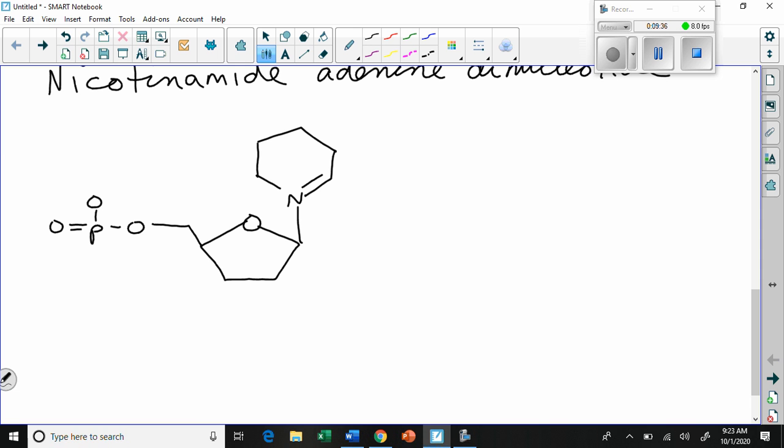Now there's some bonds in here. Okay, I'm going to draw him this way first. There's a carbon right there, NH2, and then a double bond O at this spot. That's the first dinucleotide. That's the nicotinamide part.